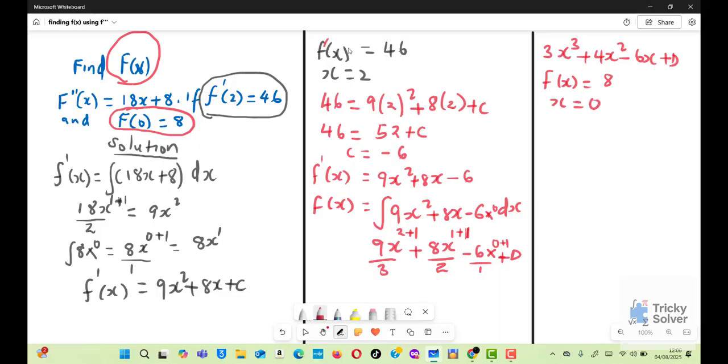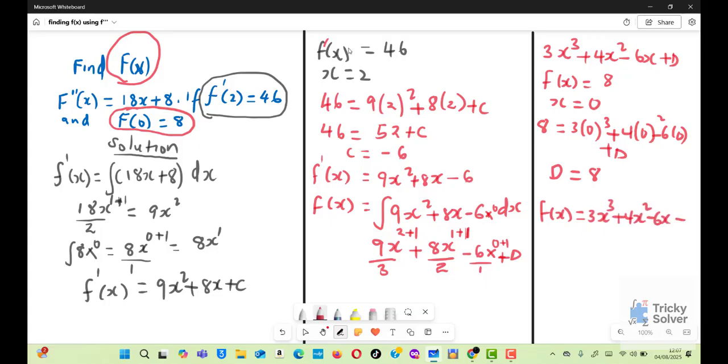So we say 8 is equal to the value of the whole function: 3 times 0 cubed plus 4 times 0 squared minus 6 times 0 plus the constant of integration. Everything here will be 0, which means the value of d will be 8. Our final original function, f of x, will now be 3x cubed plus 4x squared minus 6x plus 8.